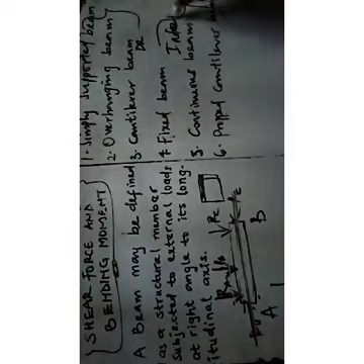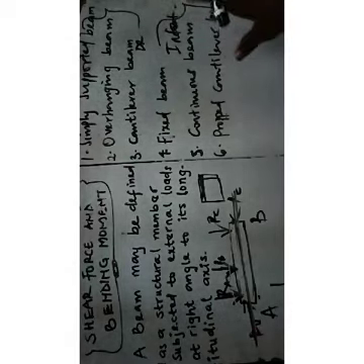We are going to be studying all of these aside from propped cantilever, and we'll be considering some few examples. These first three are determinate beams, while these last three are indeterminate. So we'll be considering them example by example.